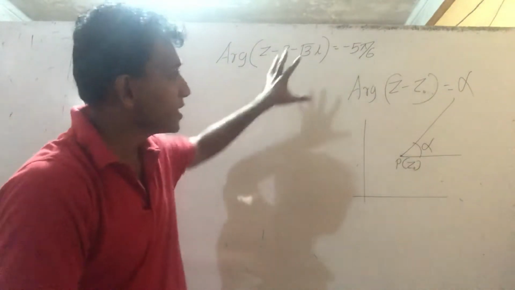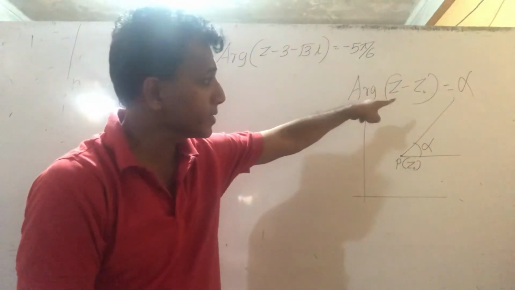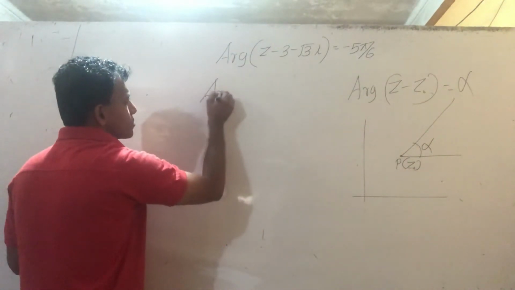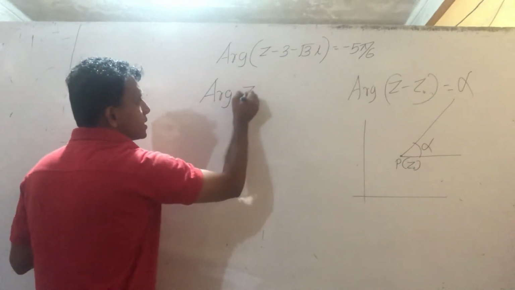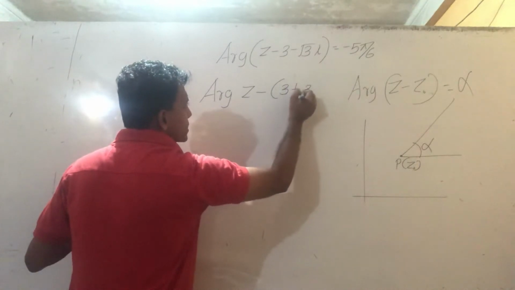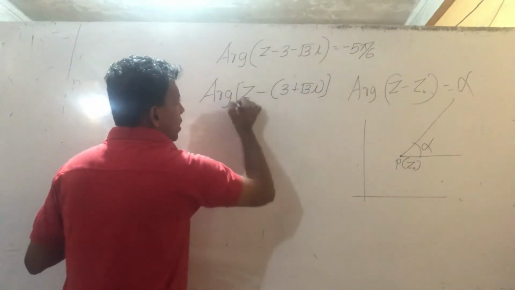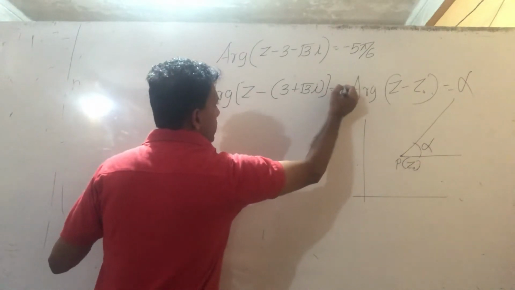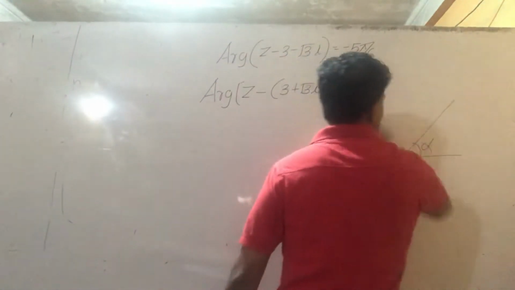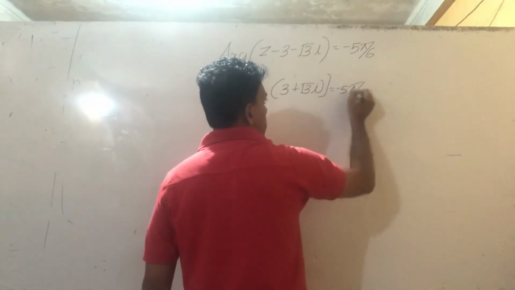So if you rearrange this part according to the theory you learned in the theory class, argument of Z minus (3 plus root 3i) is equal to minus 5 pi by 6, that's equal to minus 150.